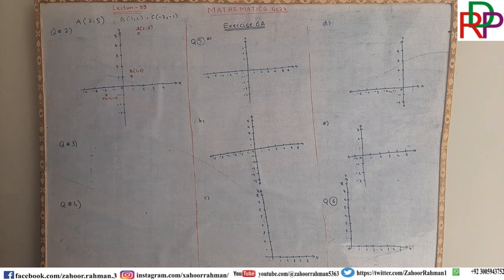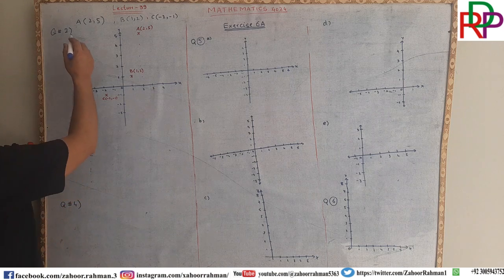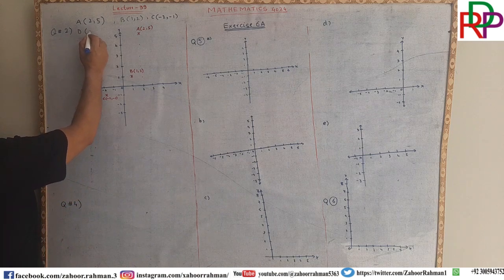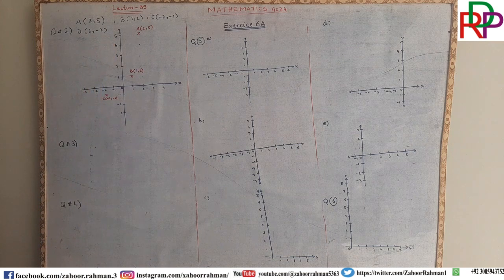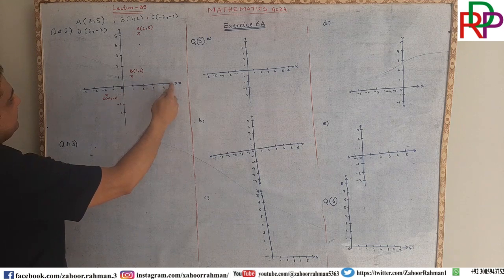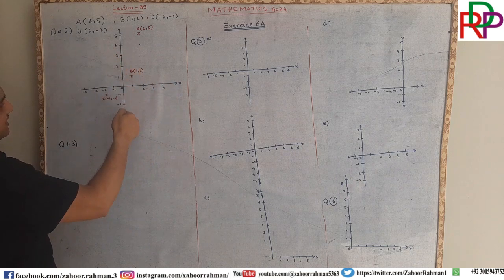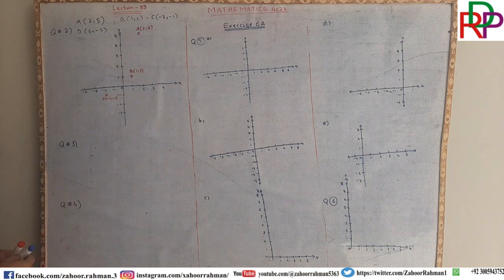Now the fourth point they are asking is D (6, -2). 6 is positive, which is in this direction, and the second one is negative, so it will be in this quadrant.